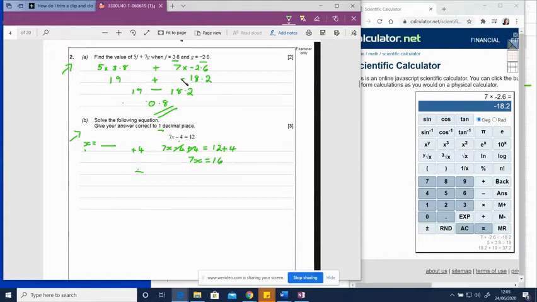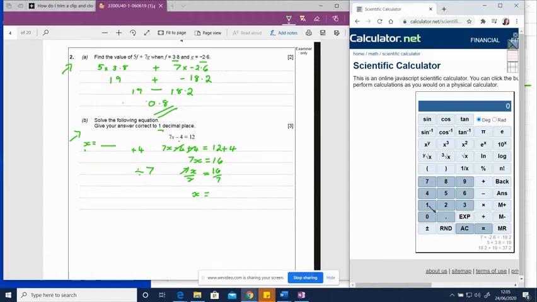Now I'm going to divide both sides by that 7 to get rid of the 7. So 7x over 7 is equal to 16 over 7. So those cancel each other out, meaning x is equal to 16 over 7, which is 16 divided by 7. So I need to go back to my calculator. 16 divided by 7 equals 2.2857 and so on.